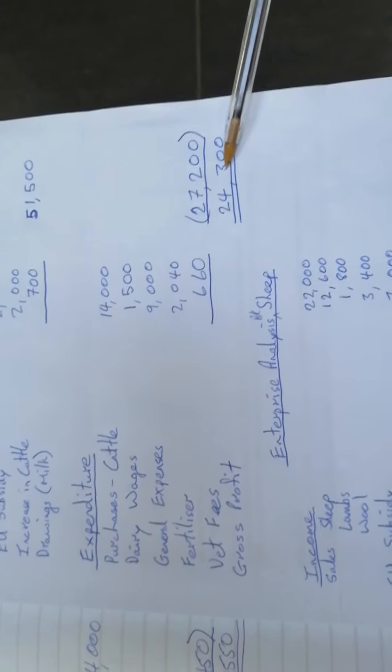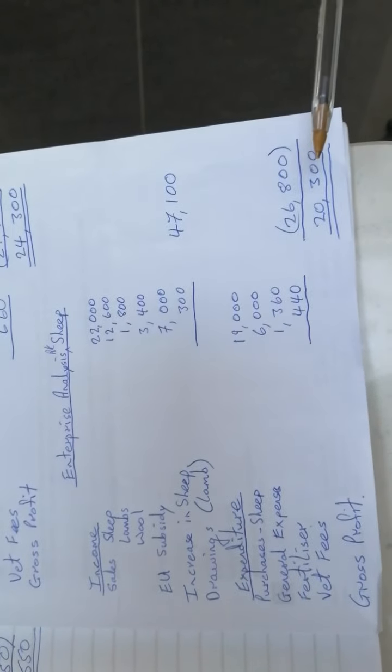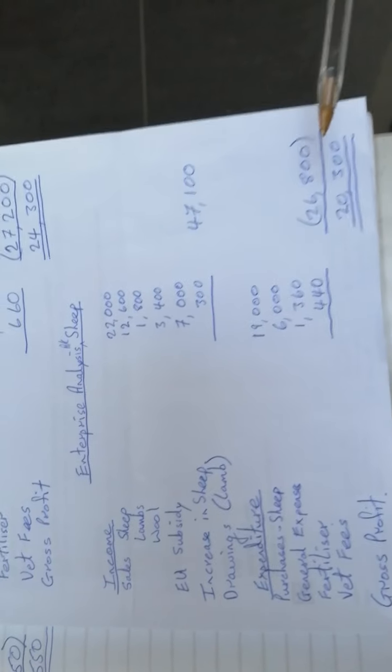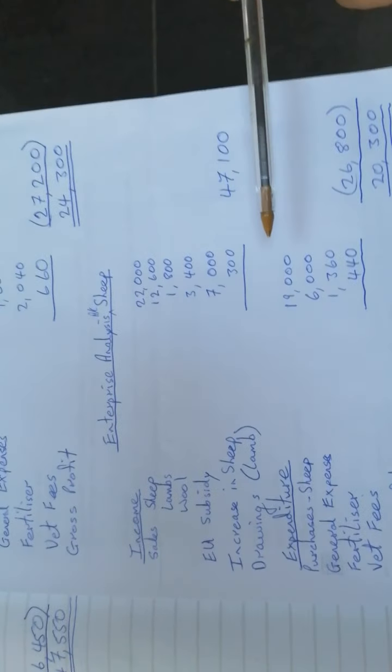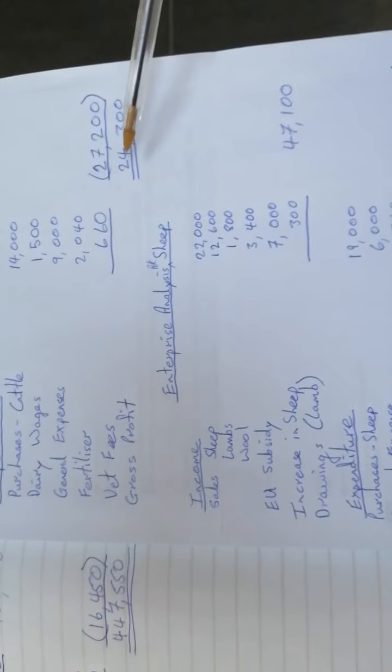But instead of including all the individual parts again, all we need to include is the profit for each of them. The profit from the cattle and milk side of the farm and the profit from the sheep side of the farm, we put in as income. It's never happened in this question before, but if there were a loss from one of these parts of the farm, then we'd put it in as expenditure, but it's usually a profit and income. So that's how we'll start.